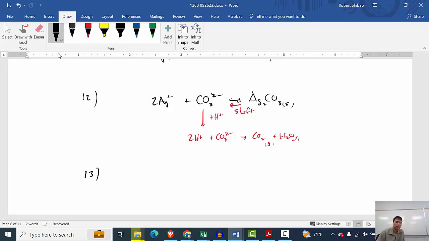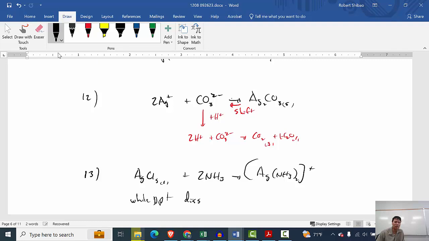Yes. We should have a white precipitate of silver chloride solid, and then we add ammonia, and it forms a diammine complex. We could look that up. We end up with the diamminesilver(I) ion. So the white precipitate dissolves.